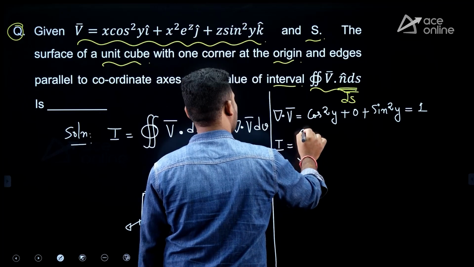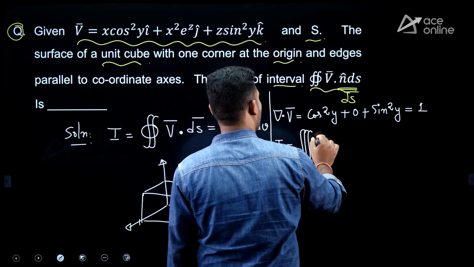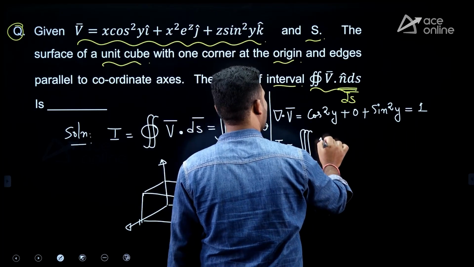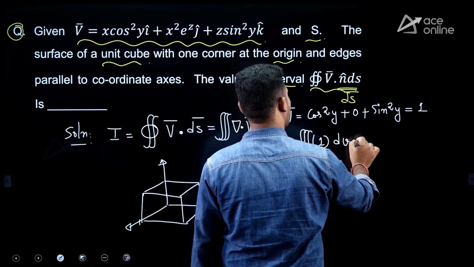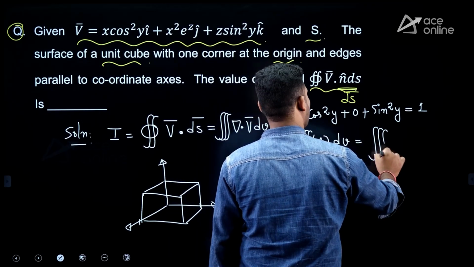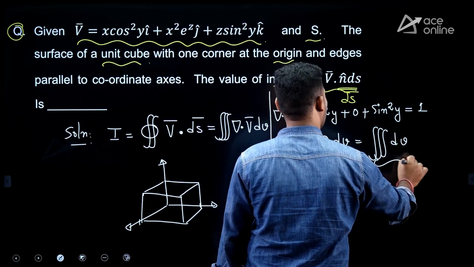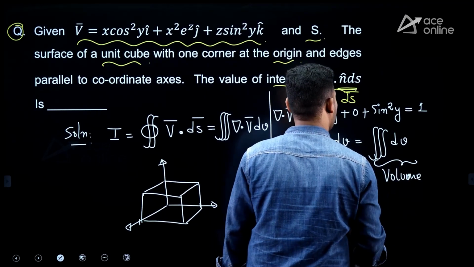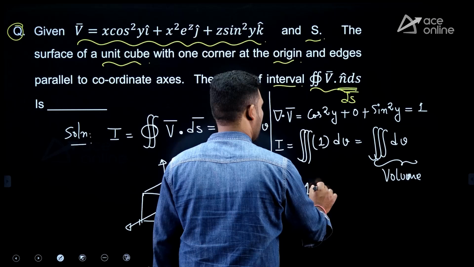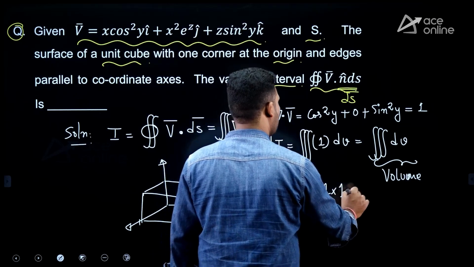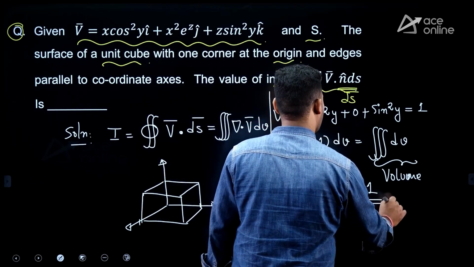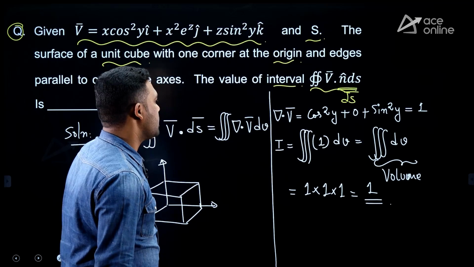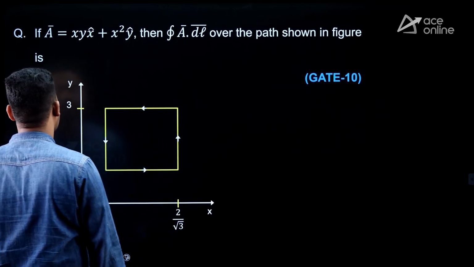It is the volume integral of the divergence of V, which is 1, into dV. The volume integral of dV is nothing but the volume. What is the volume of that box? It is 1 into 1 into 1, which is 1. So 1 is the answer. Let me turn the page here. Let us have one more question.